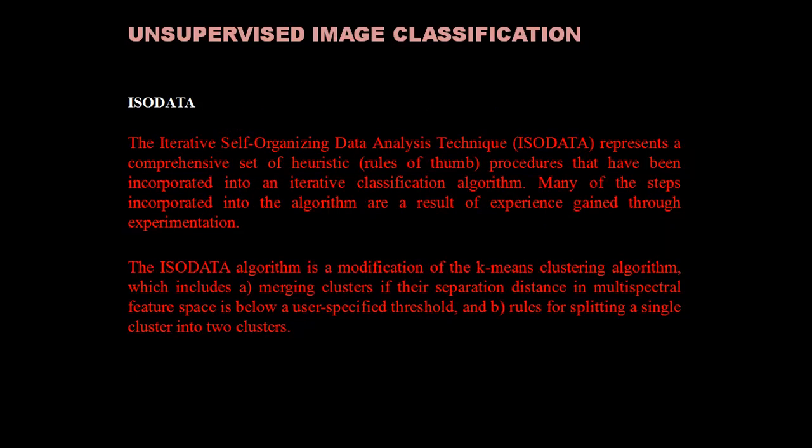What is ISODATA? The ISODATA classification algorithm is a very powerful algorithm, the iterative self-organizing data analysis system, which represents comprehensive heuristic procedures that have been incorporated into an iterative classification algorithm.